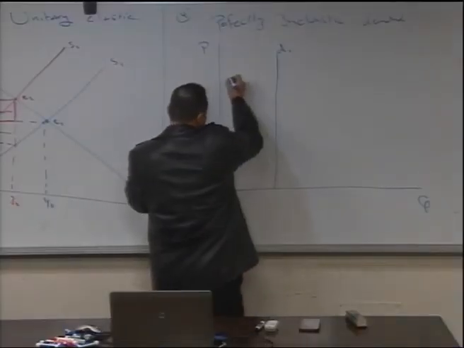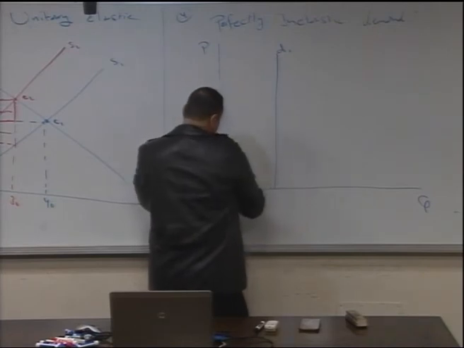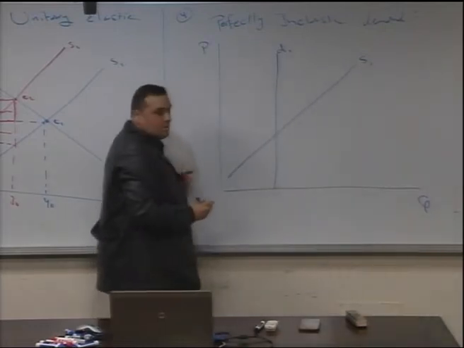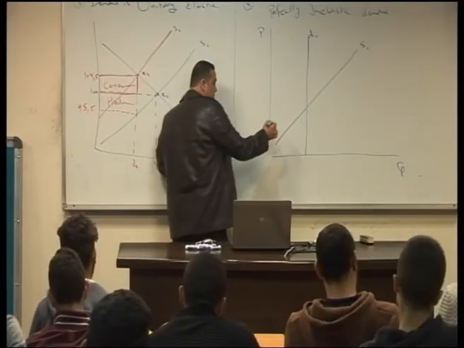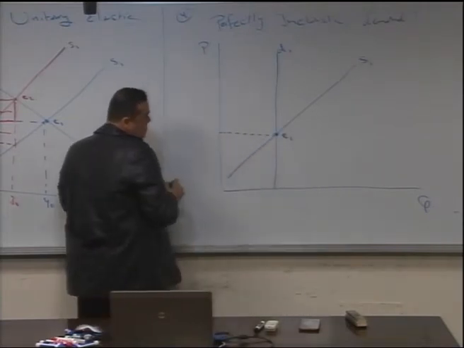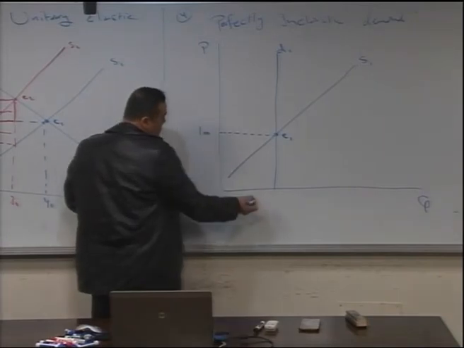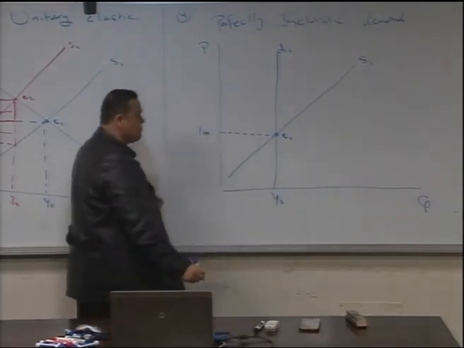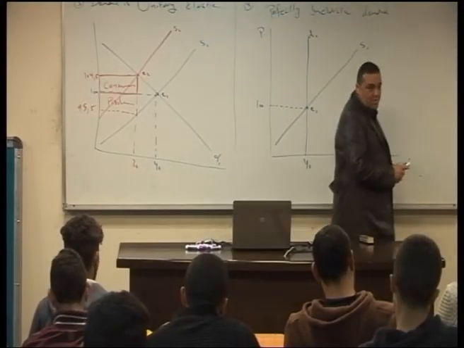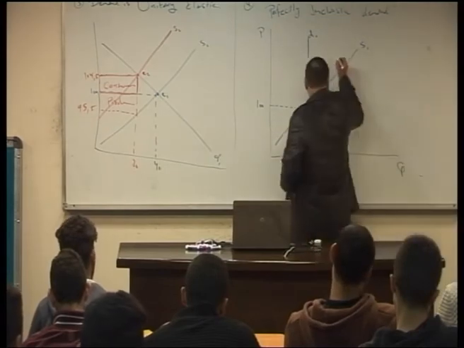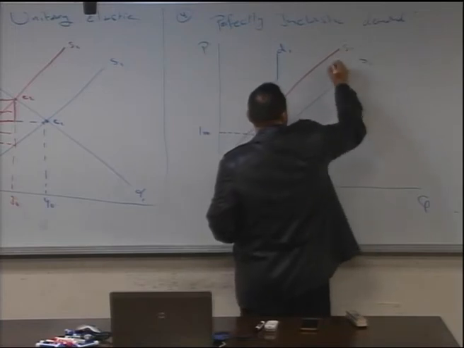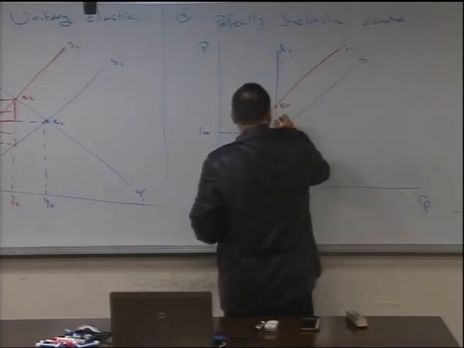And here is the supply curve, S1 and E1 here, $140. As the per unit tax is imposed on the producer, supply shifts left here. S2. This is E2.